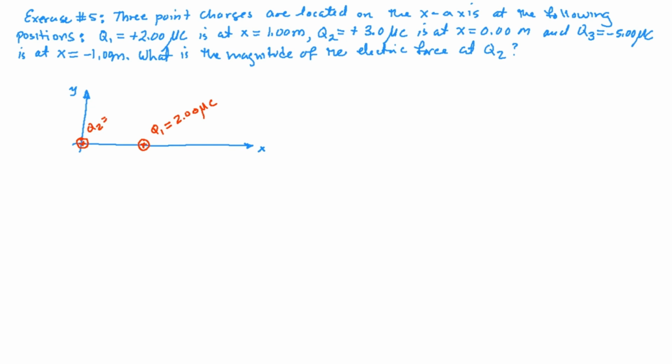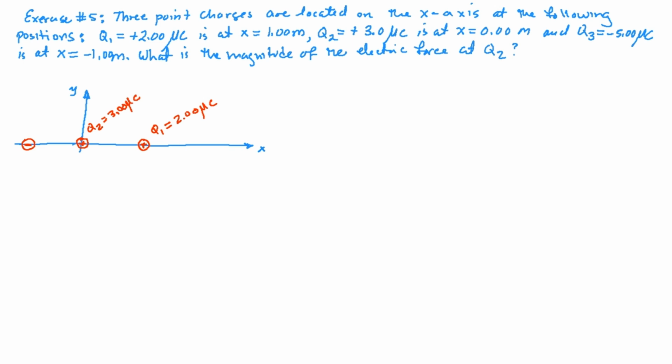That is 3 microcoulombs. And we have Q sub 3 on the other side, and it's negative, right? It will be at negative 1 meter, so to the left of the origin.